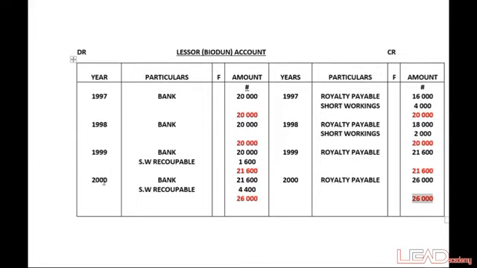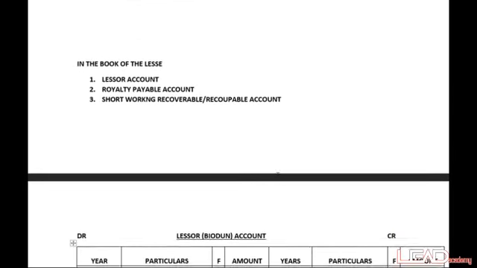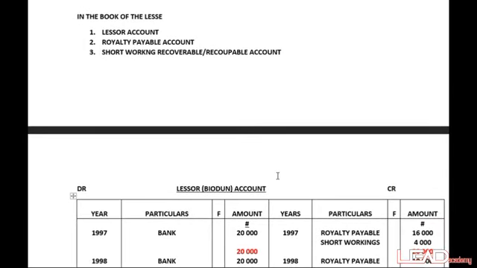Since we are creating this account on behalf of Elijah Enterprise, let's say the account is ours. So we are paying a rent, which is royalty payable. We are paying a royalty to Mr. Biodun, which means we are debiting him and crediting our profit and loss account.